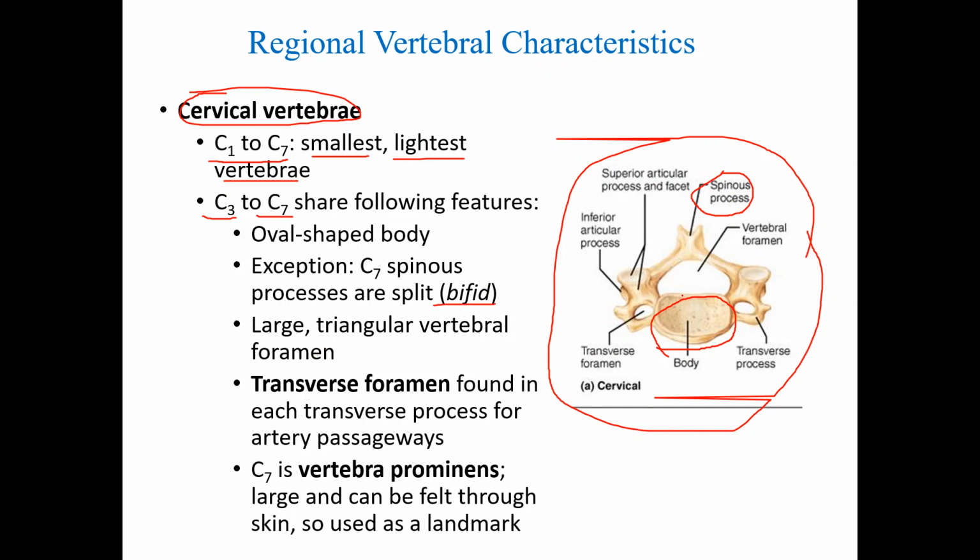They have a very large triangular foramen here, shown here, and they have this transverse foramen here, found in each transverse process for a passageway of artery, okay, on each side. The C7 is the vertebra prominens. It can be felt through the skin and is used as a landmark, okay, and has this spinous process that is split, okay, is bifid.